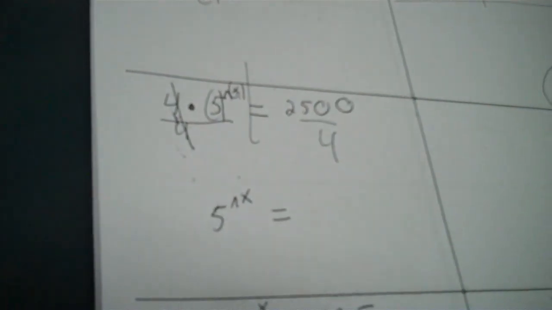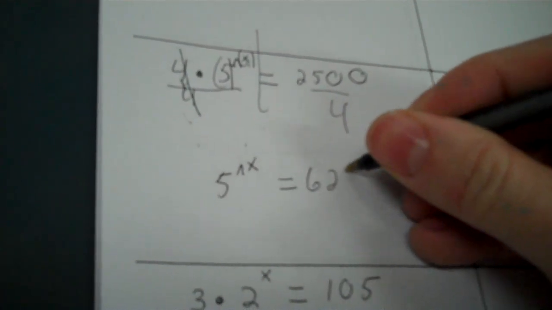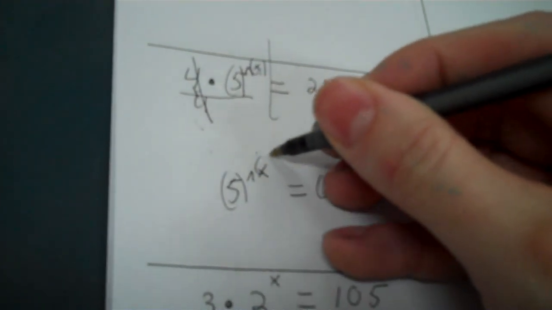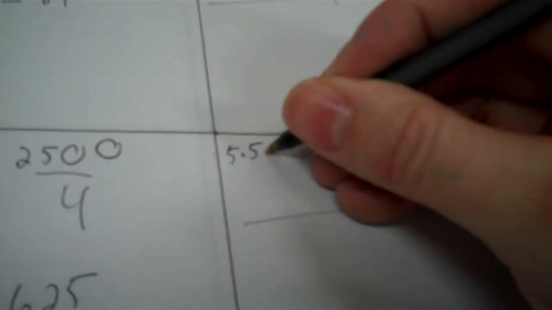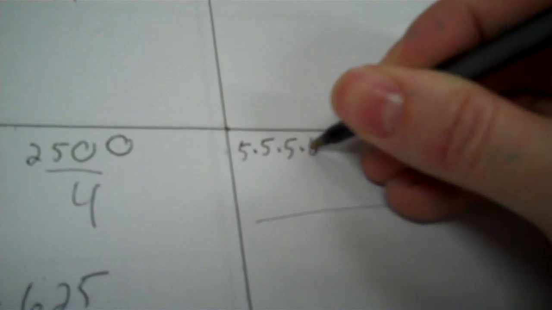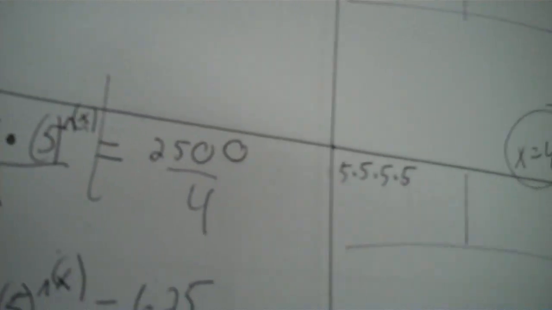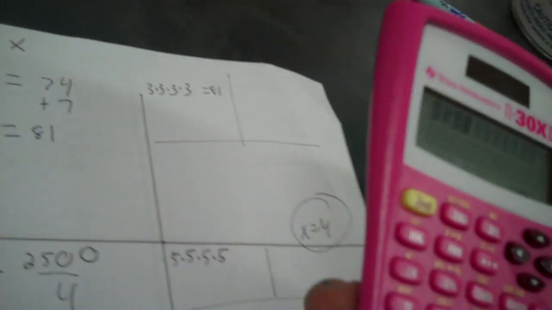I divide, I get 625. So now I know what I'm trying to multiply my 5 out to. At the beginning I didn't know because there was a times 4 there, but now I know what I'm trying to actually multiply my 5 out to. So we have 1, 2, 3, 4. Okay, see if that works.